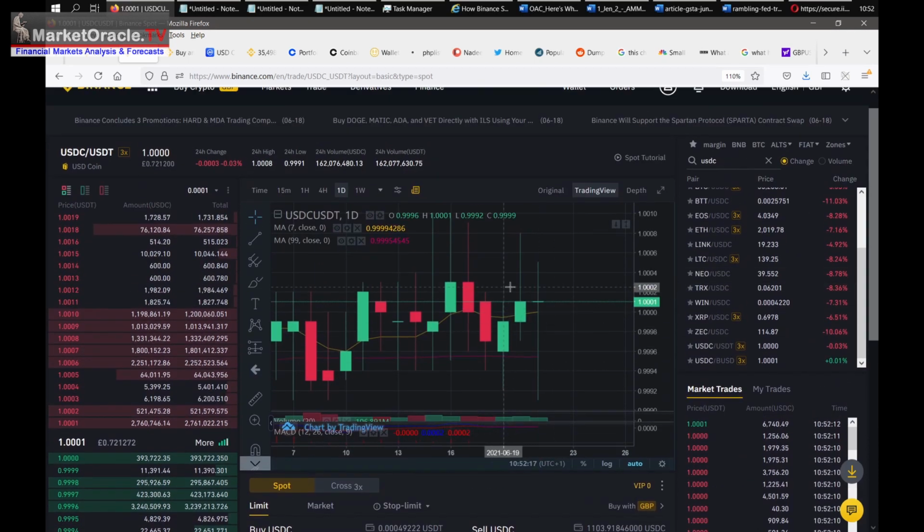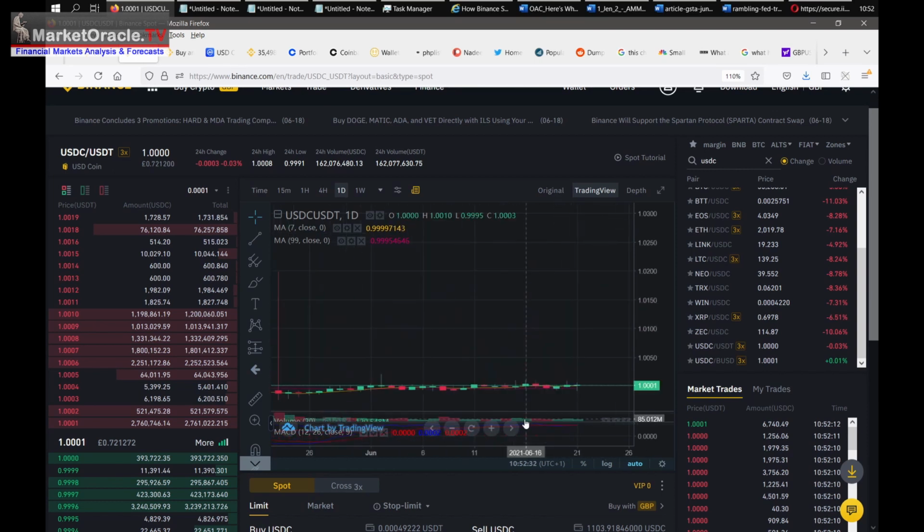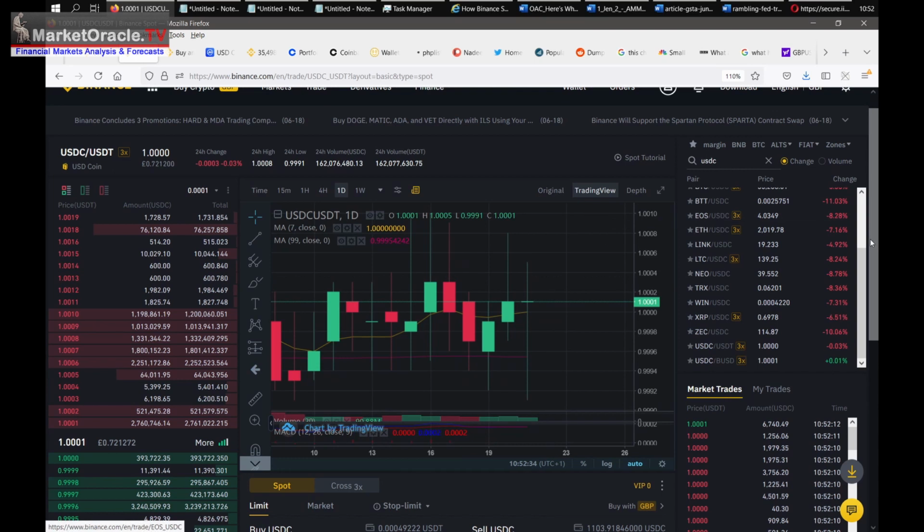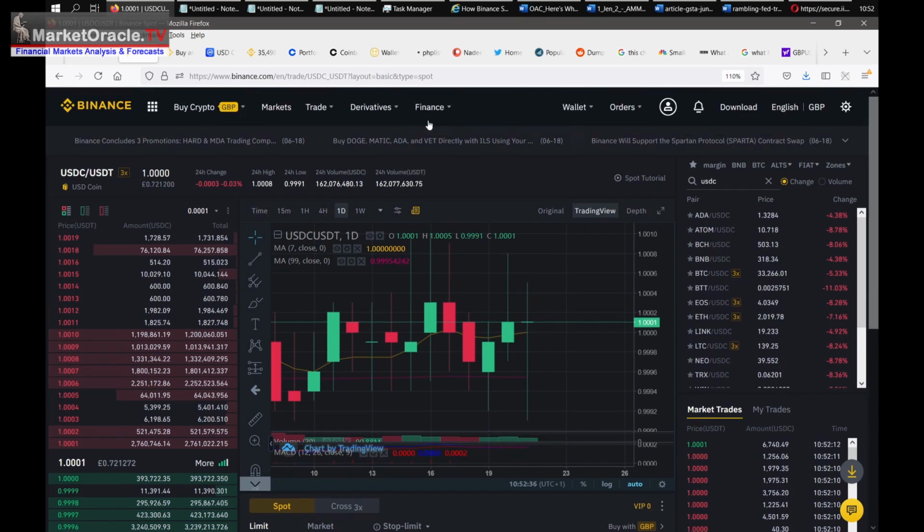So buy USDT here and sell it here. Alright, forget it. I'll just put it in the earning.